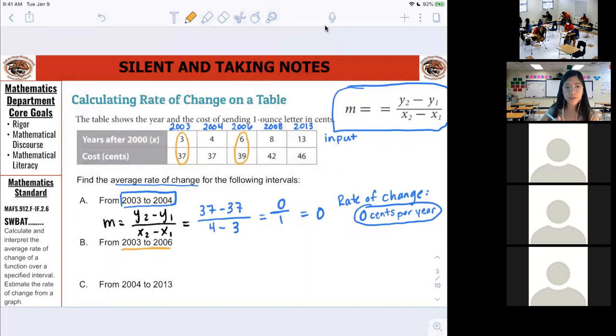For 2003, those are my X1 and Y1, because that's the X and that's the Y of the first point. In 2006, this is my X2 and my Y2.